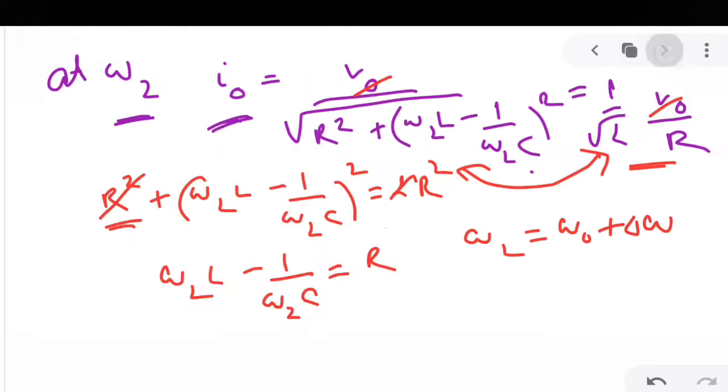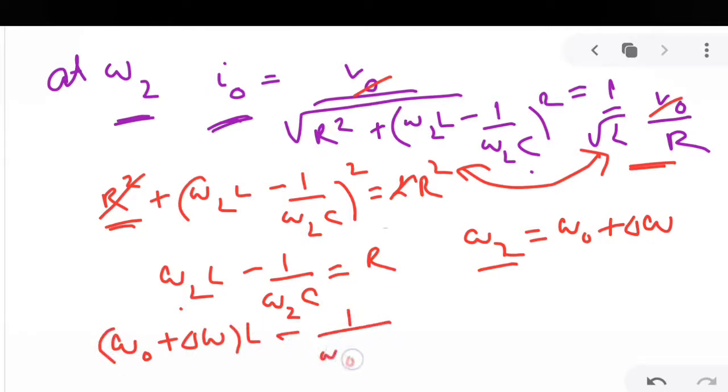So we can replace this omega 2 in this equation. So this becomes omega naught plus delta omega L minus 1 by omega naught plus delta omega C is equal to R.